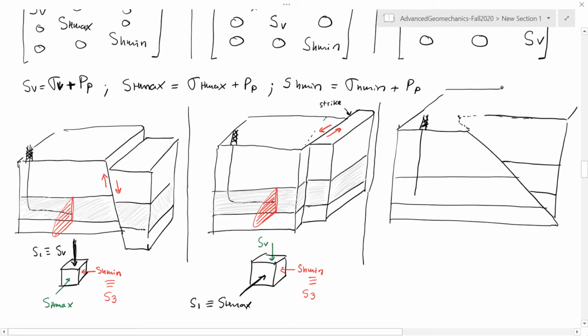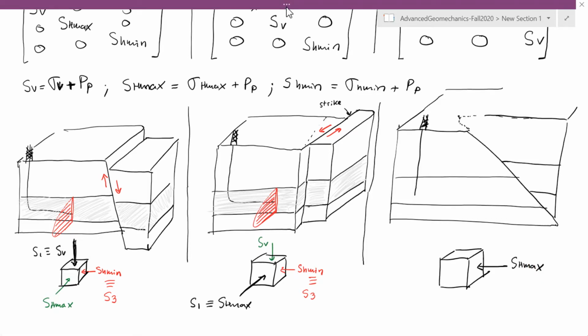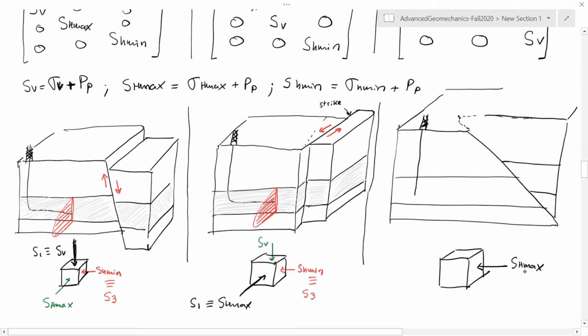All right, if we were to do a hydraulic fracture in this place, now the least principal stress is going to be vertical. The maximum horizontal stress is going to be horizontal. And let's say this one is SH max. It's equal to S1.